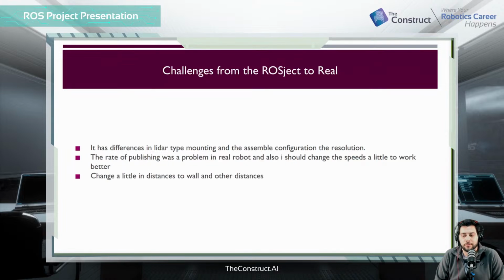And in the end, the challenges from ROS Check to the real robot were some problems, or not problems, they are very common: you had a different LiDAR for one robot, and when you move to another robot, it's different and has a different resolution.